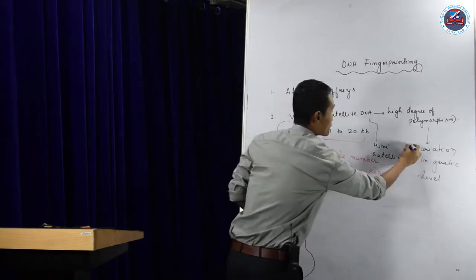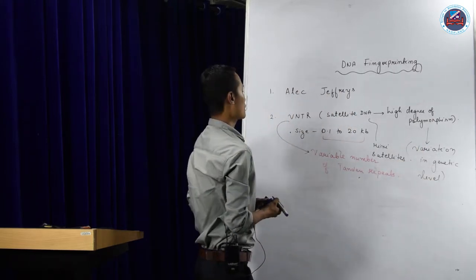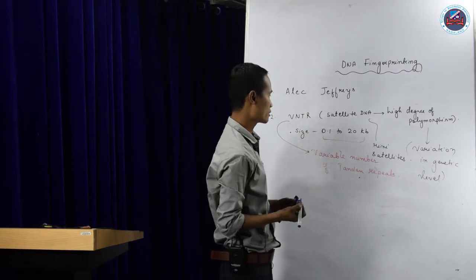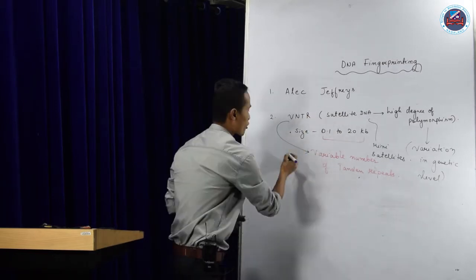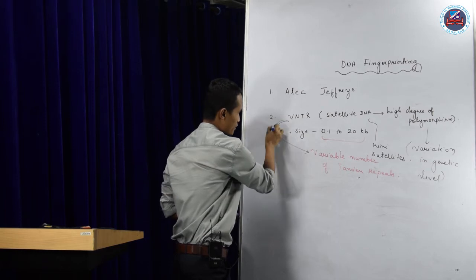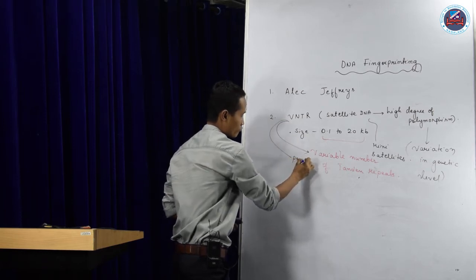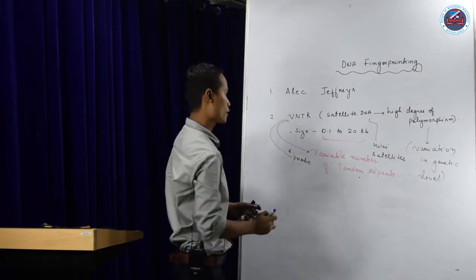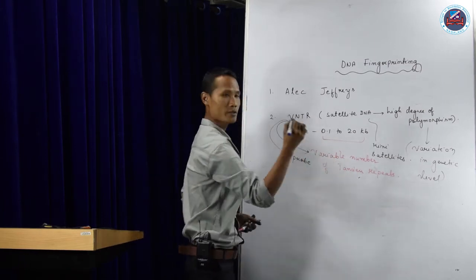So, since this satellite DNA provides a high degree of polymorphism, it can be used as a probe. It means that VNTR is used as a probe. So when I say probe, remember that it's a VNTR, that is variable number of tandem repeats.